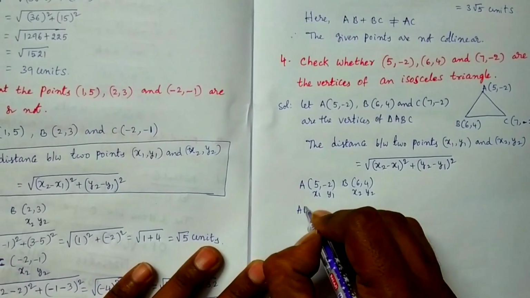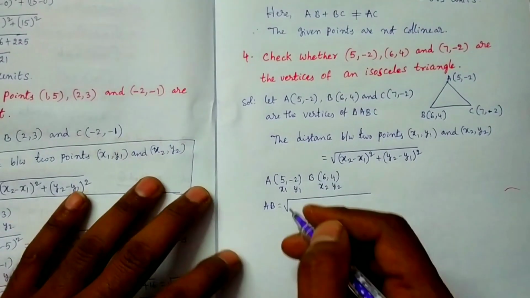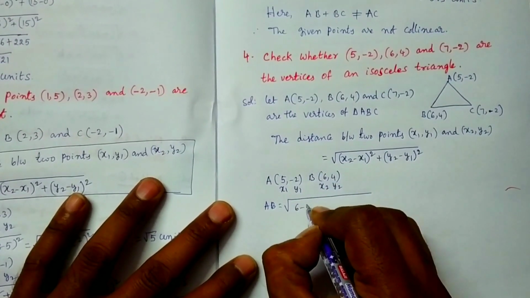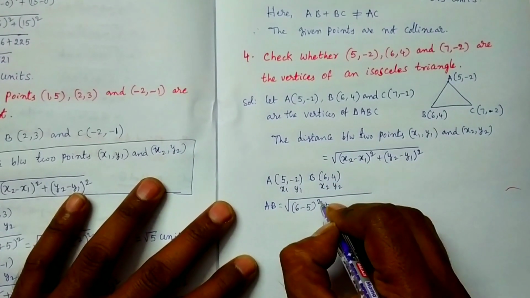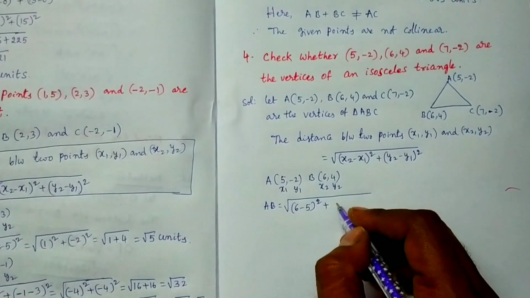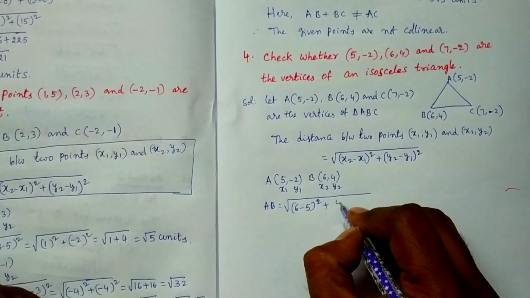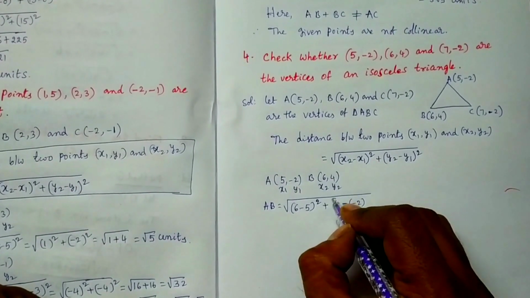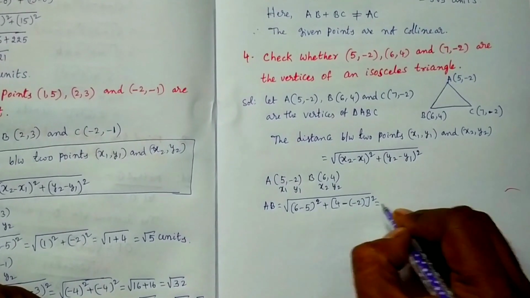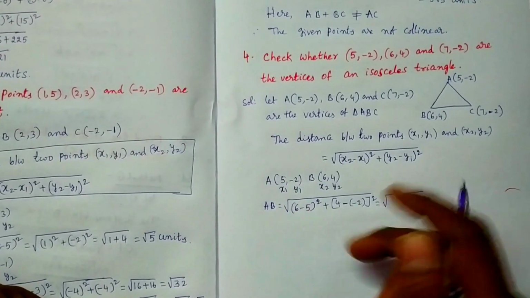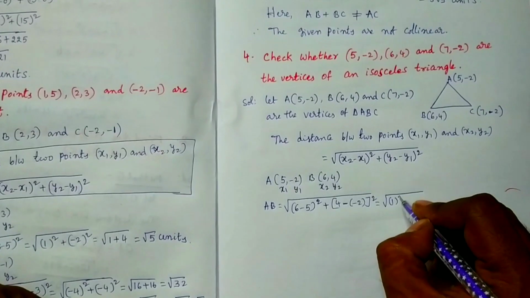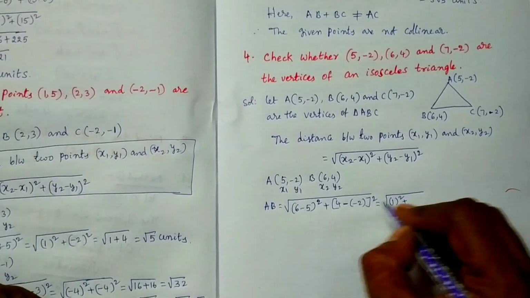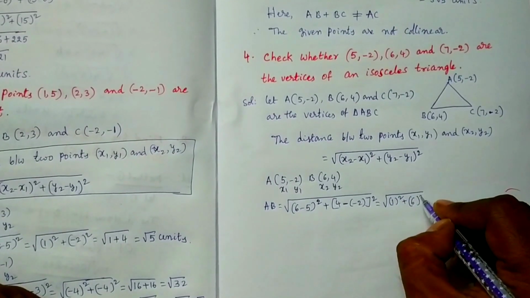So AB distance is x2 6 minus x1 5 whole square plus y2 4, in the formula minus is there, again y1 is minus 2, so keep like this. 6 minus 5, that is 1 square, and 4 minus of minus 2, that is 4 plus 2, so 6 whole square.